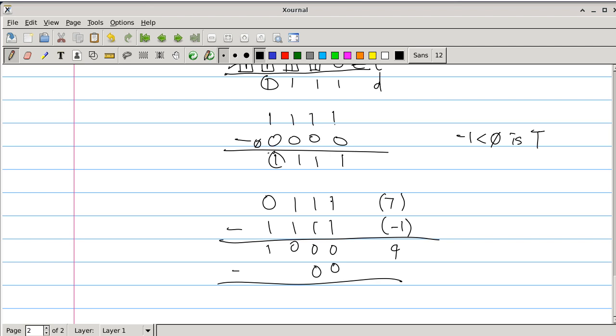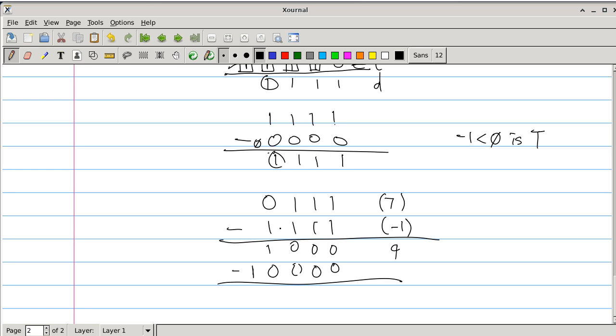There's no borrow here because 1 minus 1 does not have a borrow, and 0 minus 0 does not have a borrow either. There's no borrow here because, once again, we have 1 minus 1, 0 minus 0, neither has a borrow. And we have a 0 here because we have 1 minus 1, 0 minus 0 again, no borrow. And this time we have a borrow because 0 minus 1 does have a borrow.